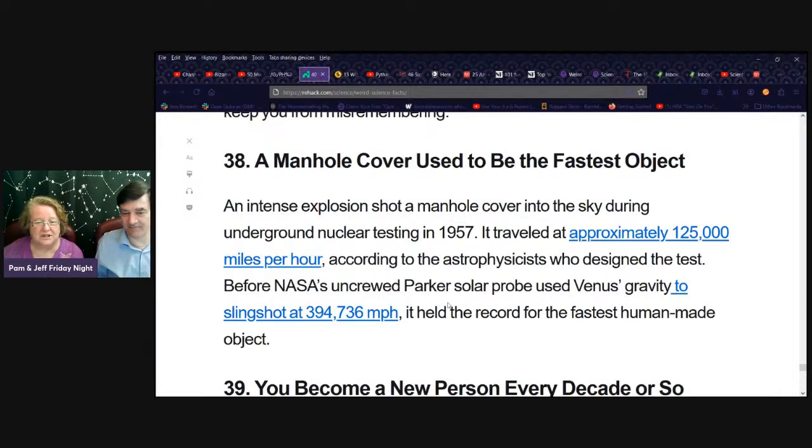However, there has been the Parker Solar Probe, which used Venus gravity to slingshot it to a little higher, 397. That's over double. 1,736 miles per hour. That's almost triple. It held the record for the fastest human-made object. Yep. So once upon a time, it was a manhole cover. Now it's the Parker Solar Probe.